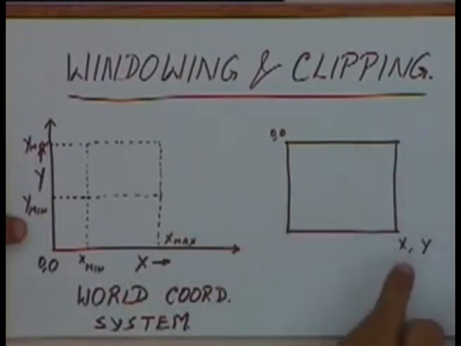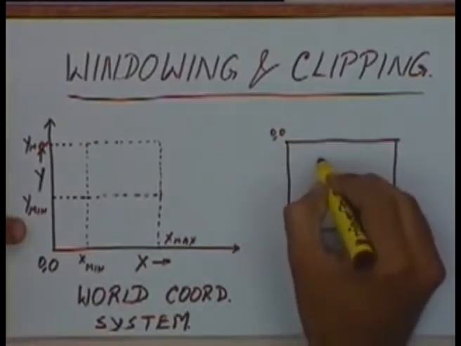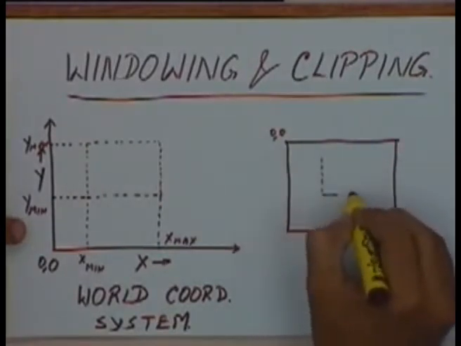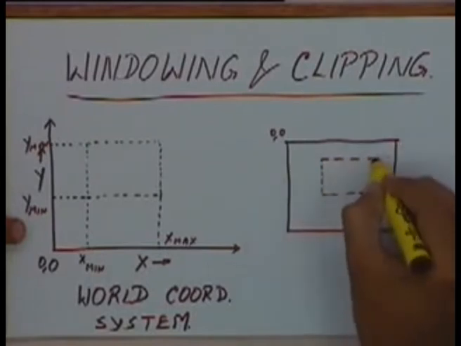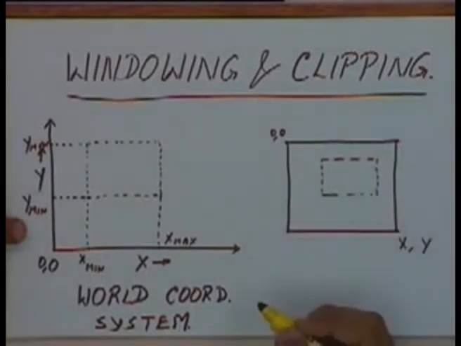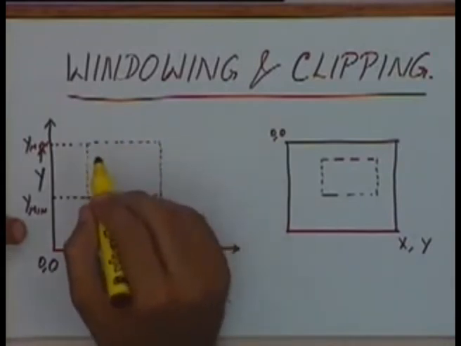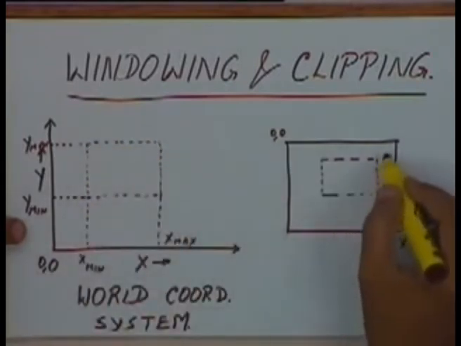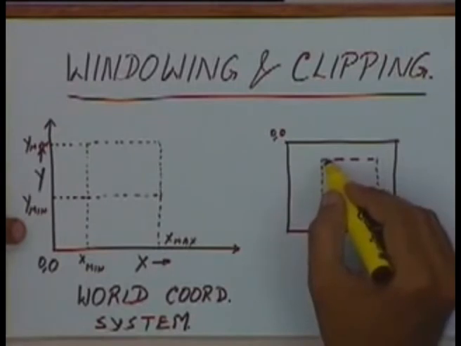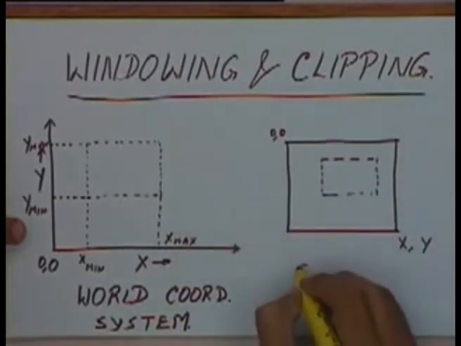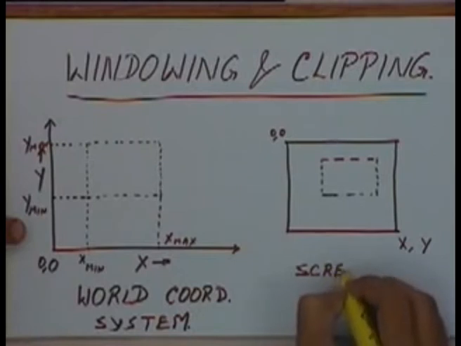Maybe we will take the full screen, or maybe we can even take a portion of the screen. What we would like to do is this portion of the world we would like to map onto this portion of the screen. So, this is referred to as a screen coordinate system.